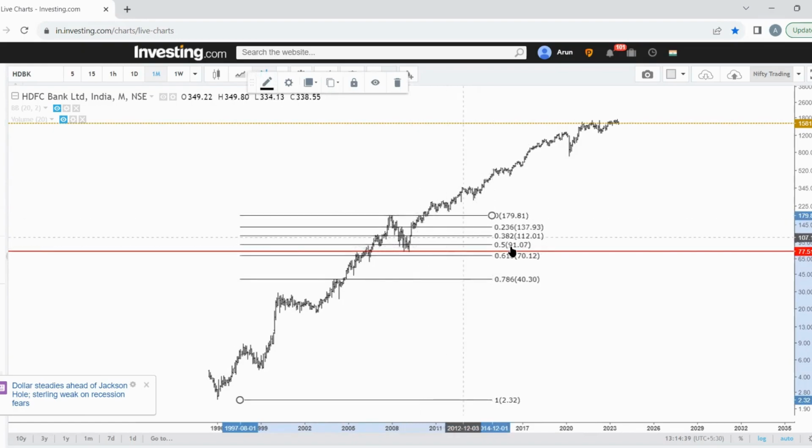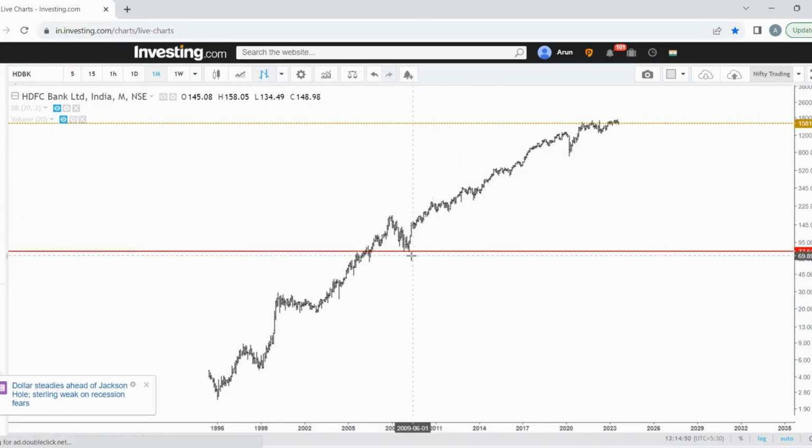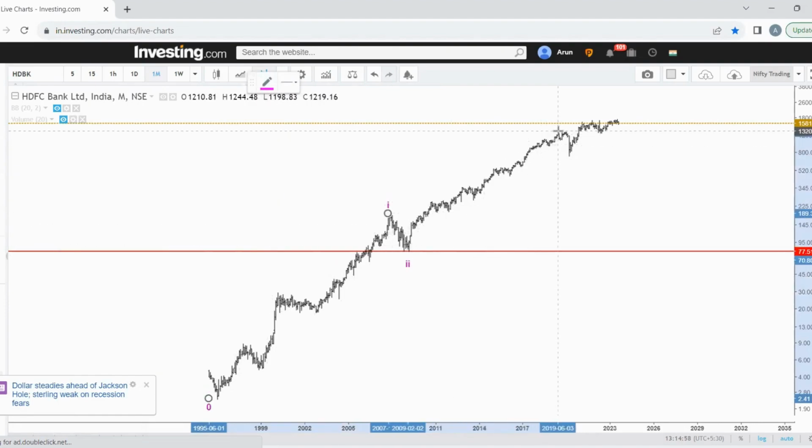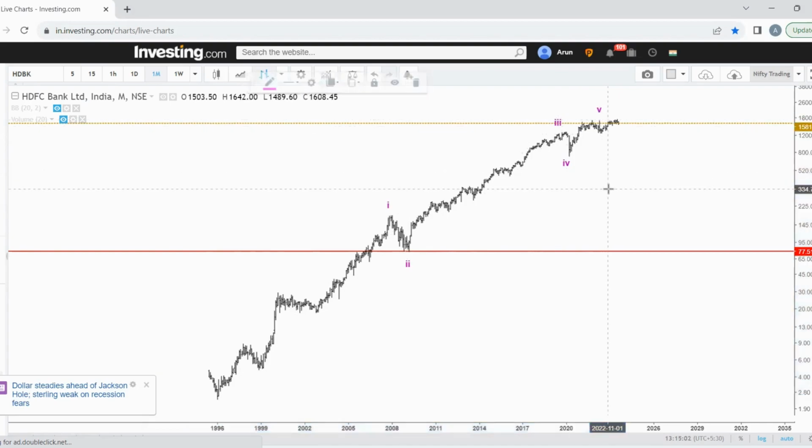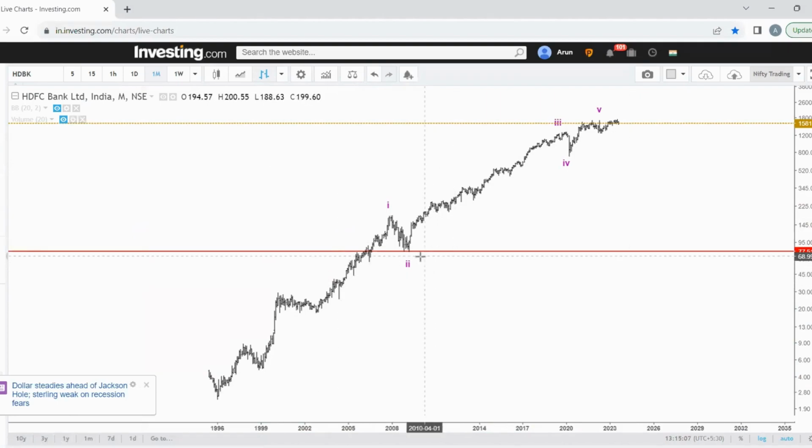Okay, this retracement also reached more than 50%, so we can take it. If it is wave 1, say 1, 2, 3, 4, 5, 1, 2, and this rally is 3, 4 and 5, whether it is completed or not, we need to see. I take off the log now.